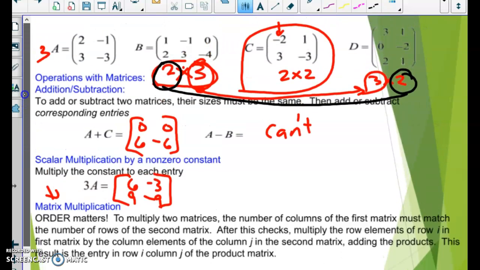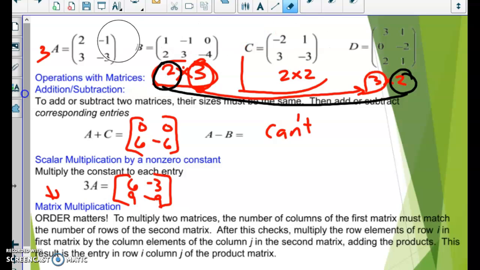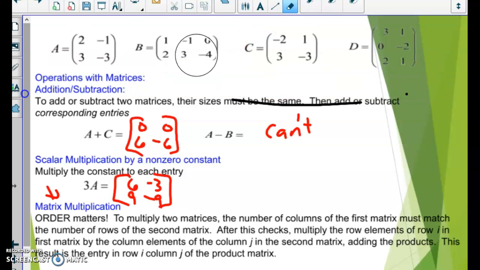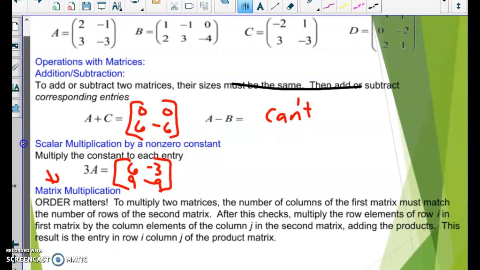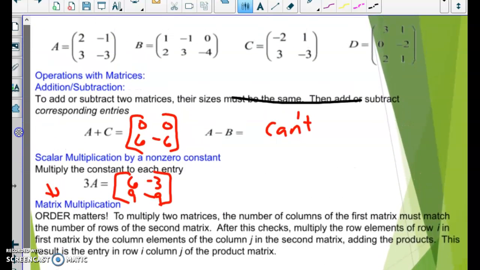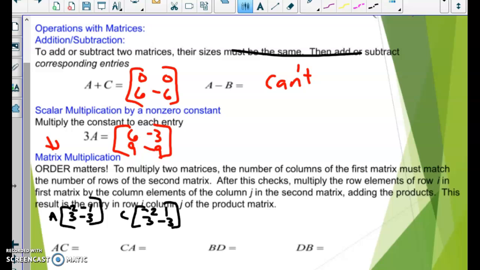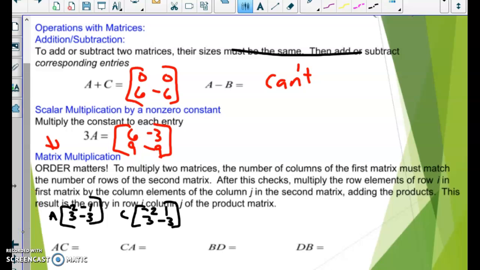What we get out of it is the outside by outside. So if I'm going to take matrix A times matrix C, let me make some room here. If we're going to multiply A times C, we're going to take the first row, which is 2, negative 1, and multiply it by the first column, which is negative 2, 3.